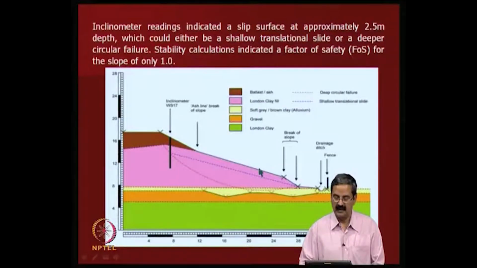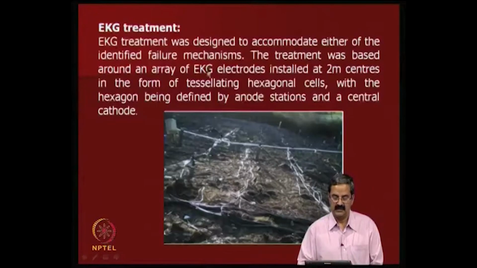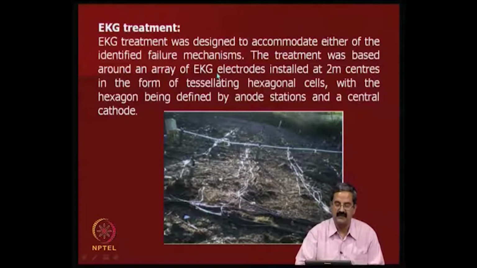And then, what is the material? You can see that it is all London clay fill, very sensitive brown soil, all poor materials actually. So, the electrokinetic geocomposite treatment was designed to accommodate either of the identified failure mechanisms.